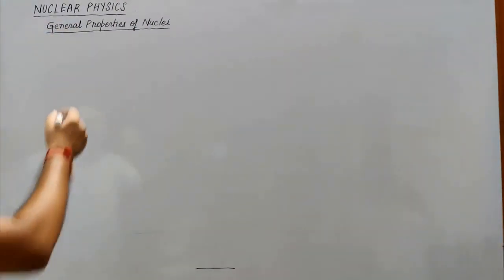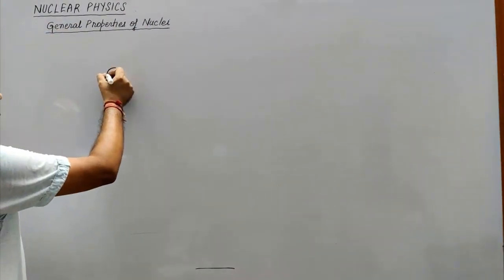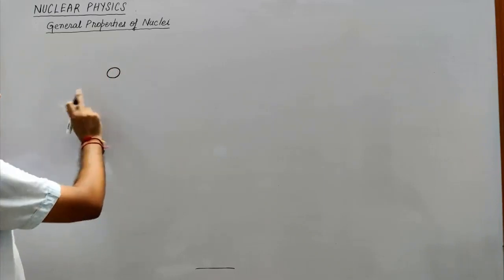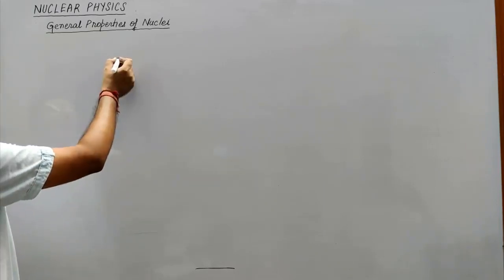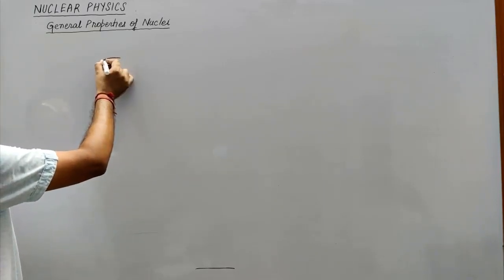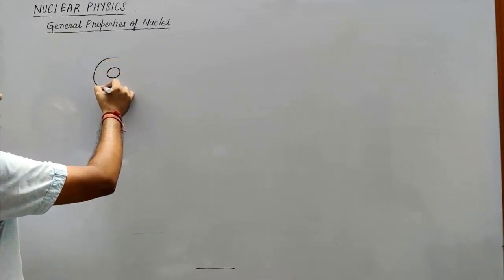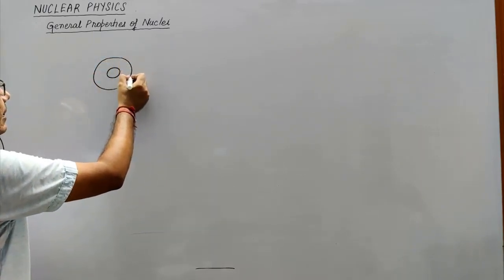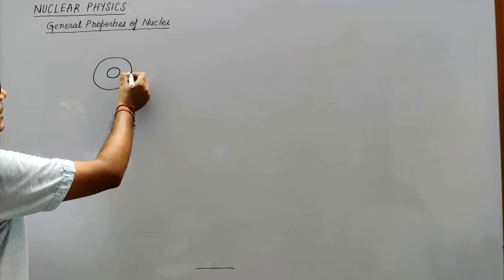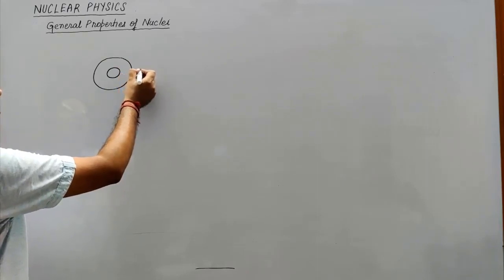So I am going to start the general properties of the nuclei by introducing an atom. In an atom we have a central part, and around this central part there are different orbits in which electrons revolve.